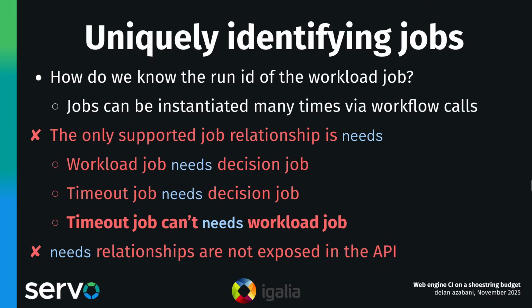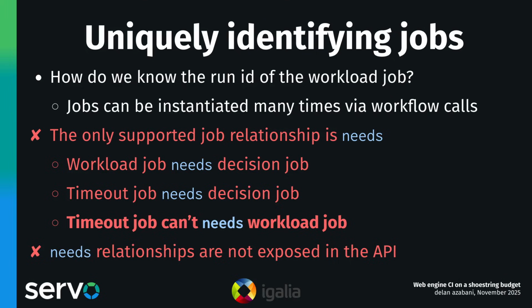One challenge that comes in making these timeout jobs is identifying the workload jobs uniquely so we can look up whether it's still queued or whether it's started running. There are unique IDs for each job run. These are just an incrementing number, and you'd think we'd be able to use this number to look up the workload job uniquely and robustly.